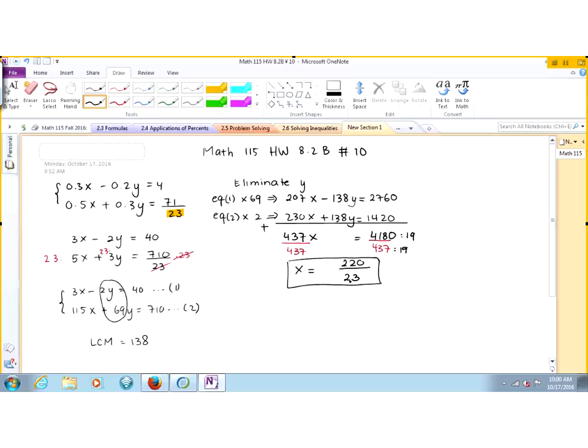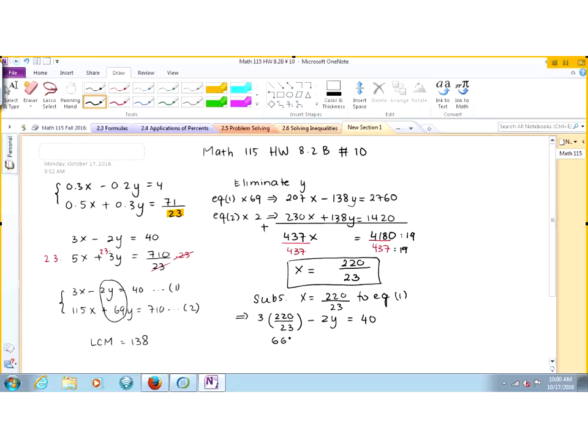Did you guys get it? Now, what would you do after you get this? Yes, so substitute x equals 220 over 23 into an equation. Which one's easier? Equation 1? Yeah. So when we substitute, we have 3 times 220 over 23 minus 2y is equal to 40.